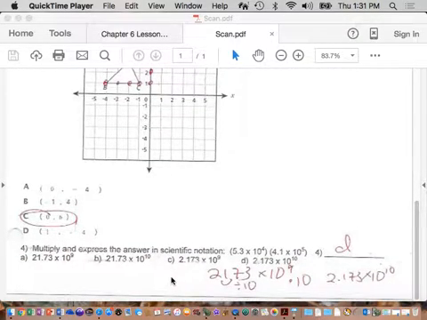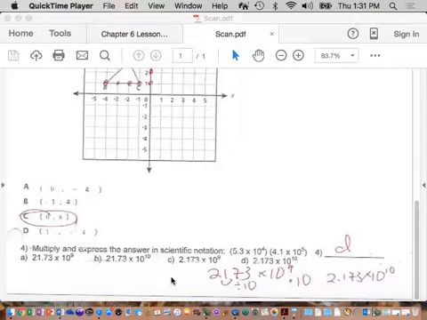And then as far as scientific notation goes, if I were a kid sitting in class, I would get really annoyed. My temptation is to be a little rebellious. That's kind of natural in me. And I would kind of roll my eyes and say, do I really have to do 5.3 times 4.1? And then I would look at every single choice. And in every choice, I get 2173. So what do you think the numbers are going to work out to? 2173.